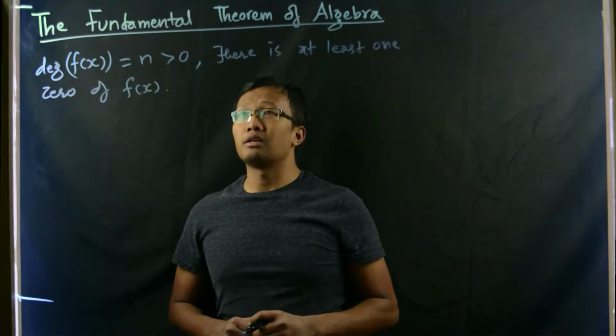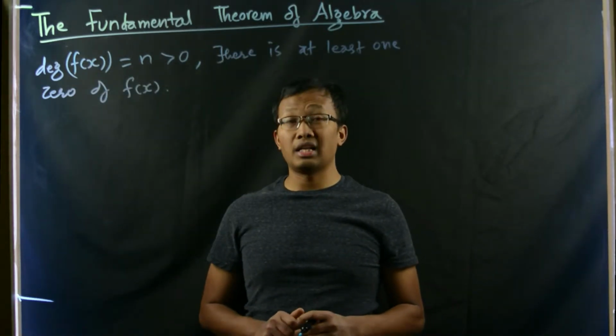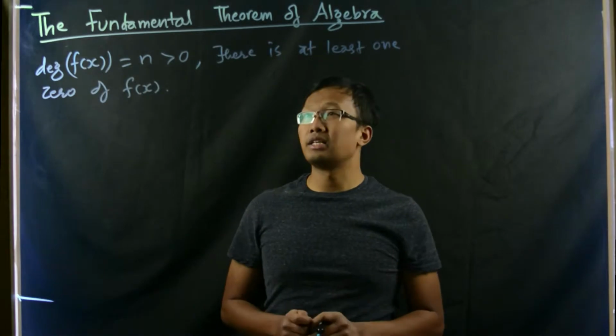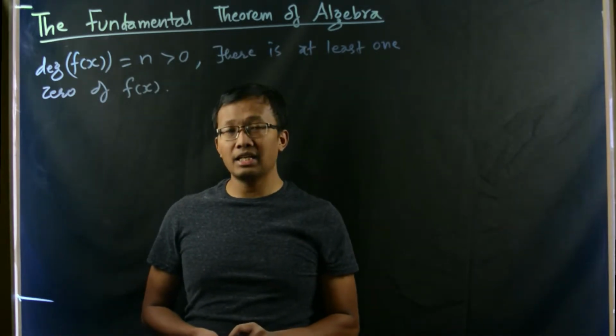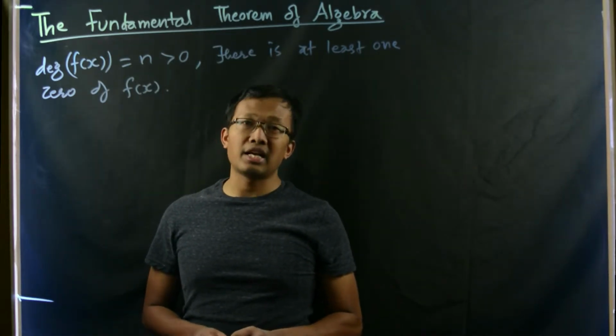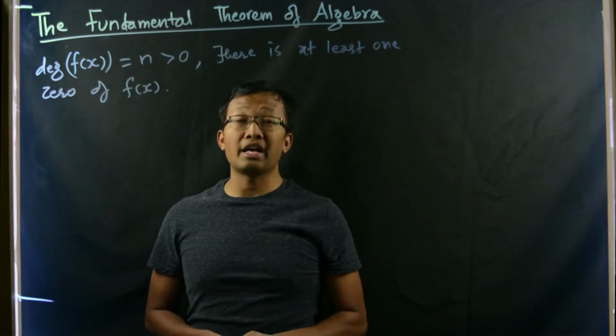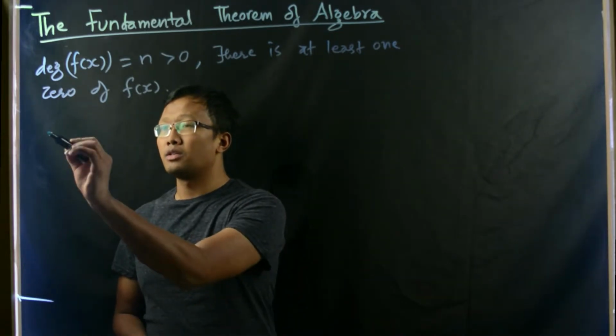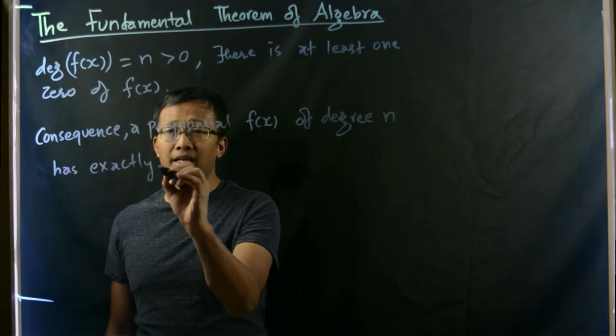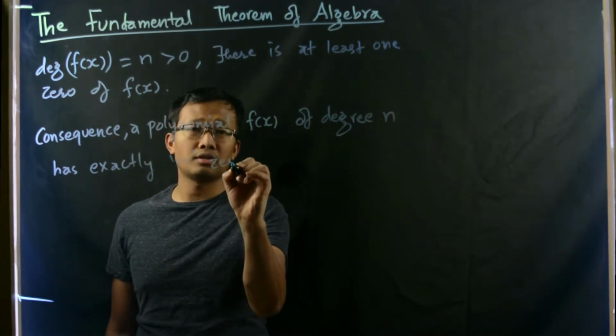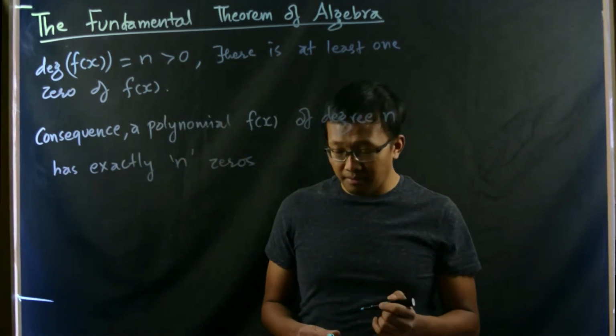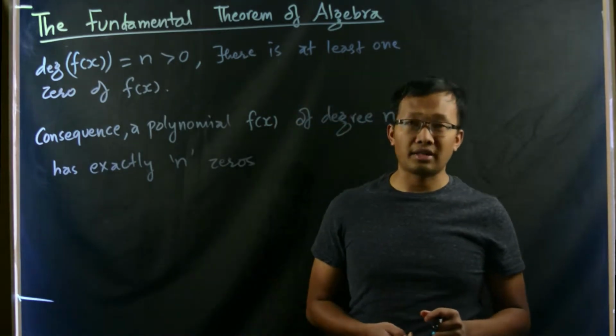A corollary, or consequence, of the fundamental theorem of algebra clearly states that a polynomial of degree n has exactly n roots or n factors. So, as a consequence, n zeros, or it can be factored into n factors.